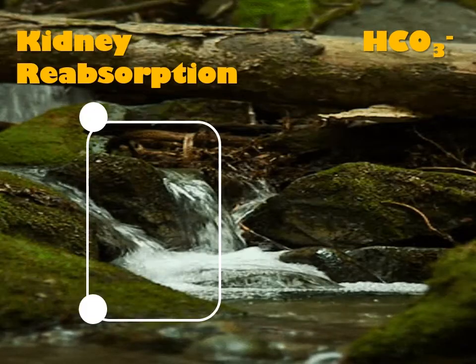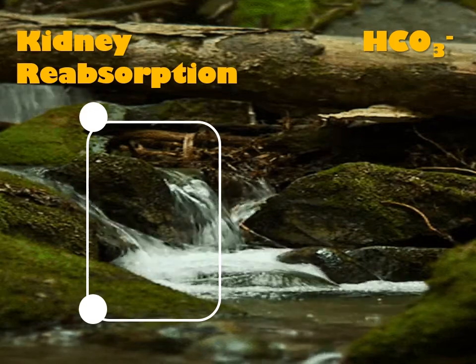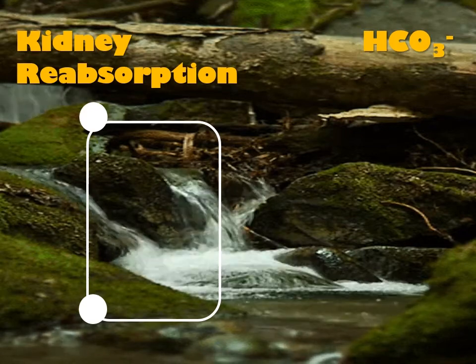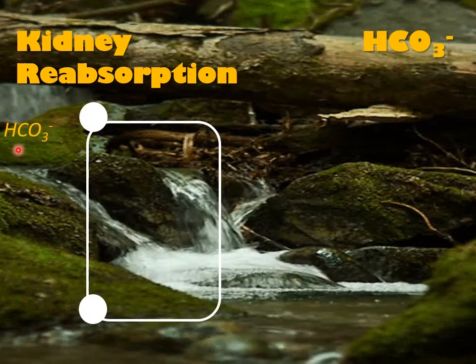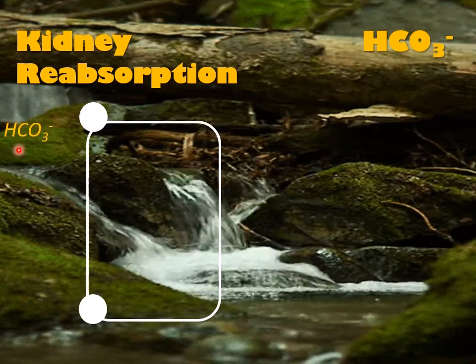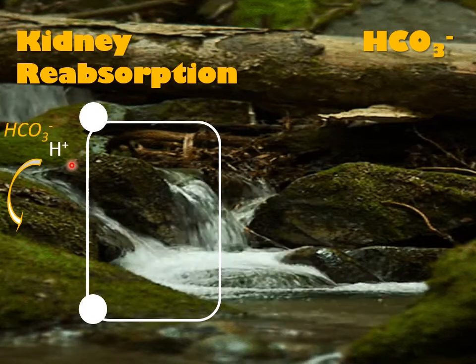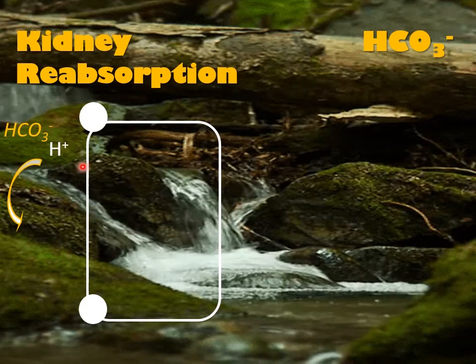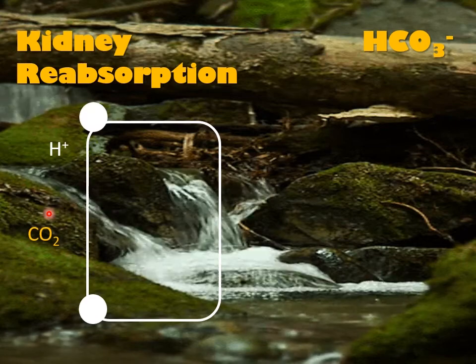So kidney bicarbonate reabsorption is a bit complicated. So let's make it simpler. We have bicarbonate in the lumen that we need to reabsorb. This reabsorption occurs with the aid of protons that come from the cell. Bicarbonate and protons react to form carbon dioxide.